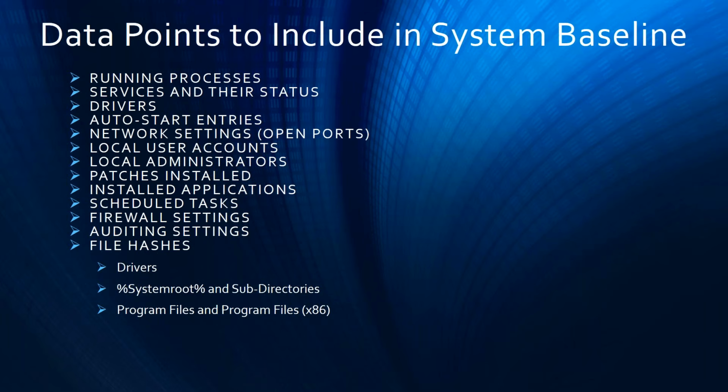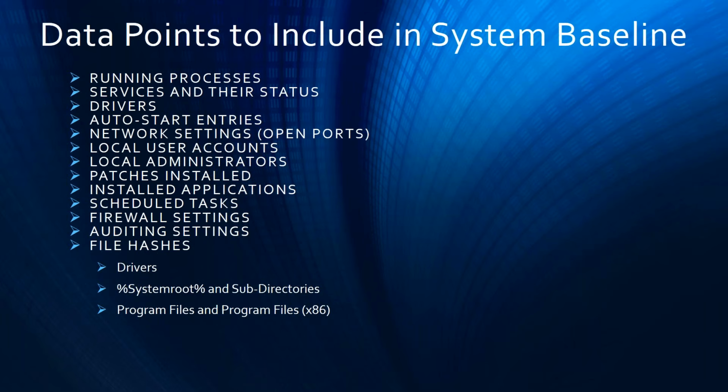Now, a lot of folks will often bring up that they don't have standard baselines. Some of the client sites that I've been in at different points, when I bring up the idea of a system baseline to them, I often get laughs because they've got some systems running Windows 10, some running Windows 7, some Windows 7 Service Pack 1, and then the third-party software on those systems varies widely between the different ones.